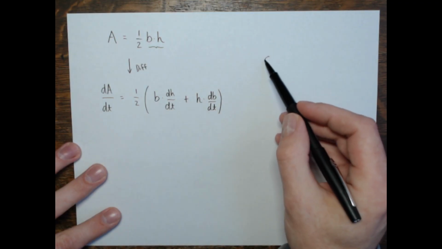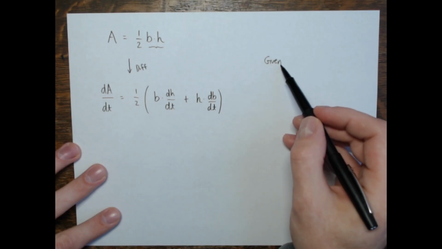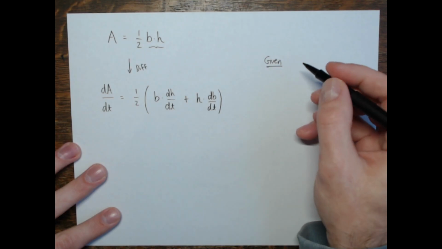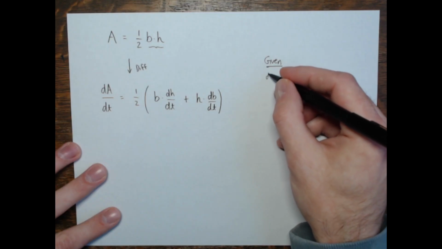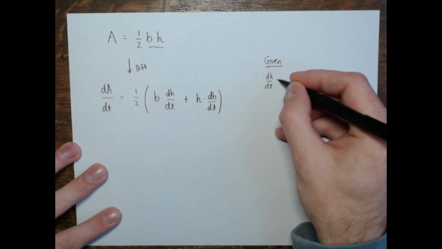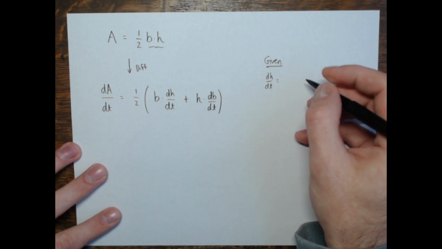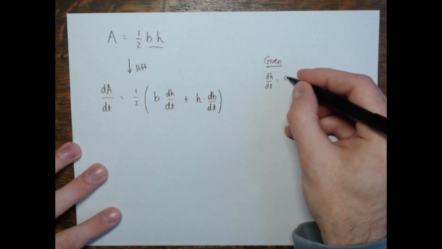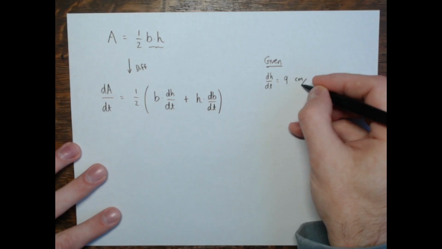And then we go to what we're given, right, and plug in specifics. So the height is changing, so dh/dt. They said the height is increasing, so this will be a positive rate of 9 centimeters per second.